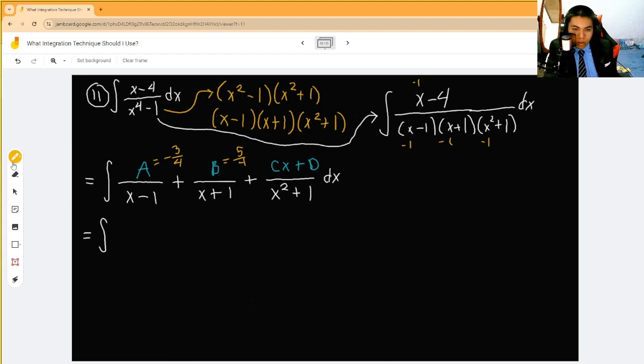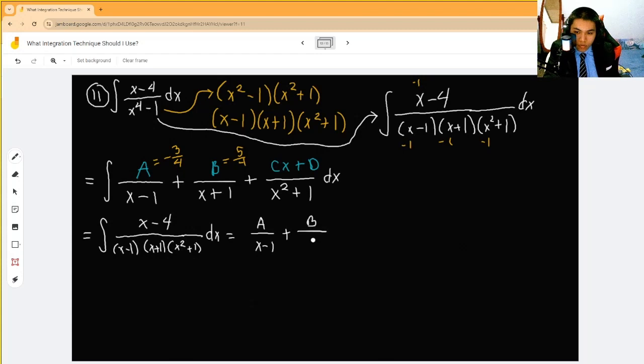So we set the whole equation here first: x minus 4 over x minus 1 times x plus 1 times x squared plus 1, which is equal to a over x minus 1 plus b over x plus 1 plus cx plus d over x squared plus 1.